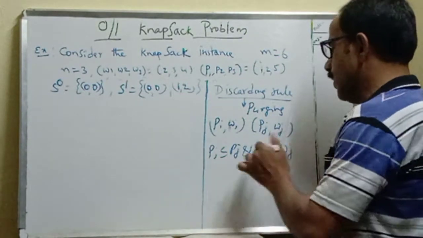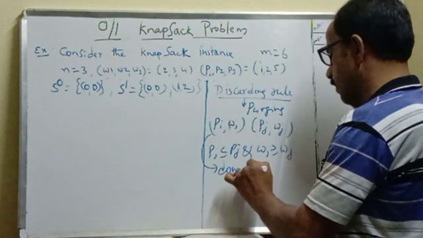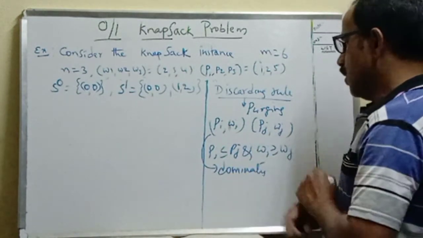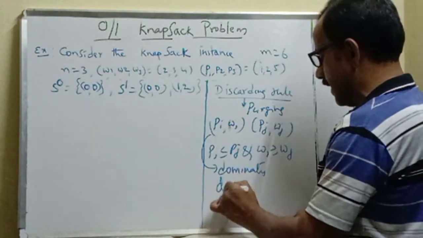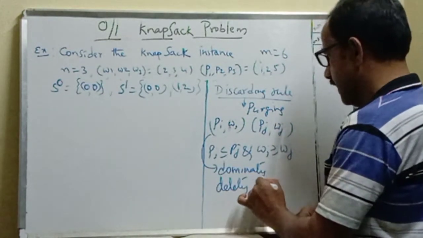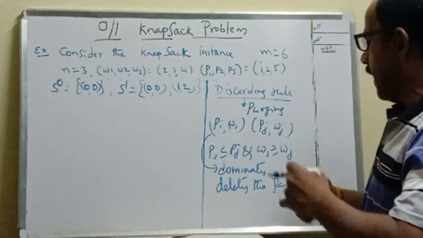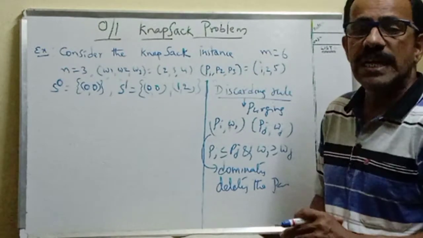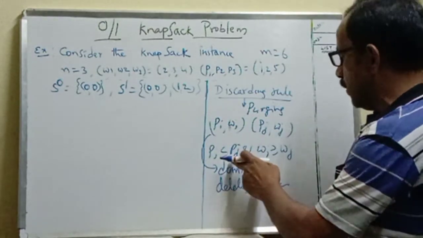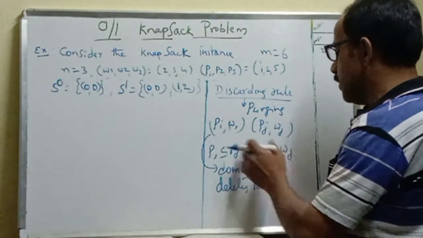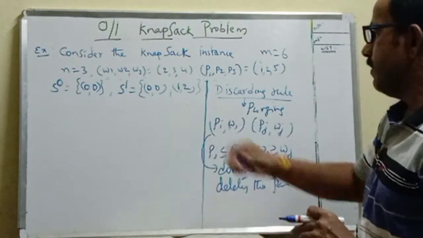In this case, we say that the second pair is dominating the first one, so we delete the pair. That is why we also call it the dominance rule. By using this, we can discard pairs from the set.